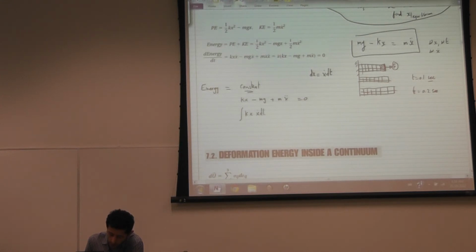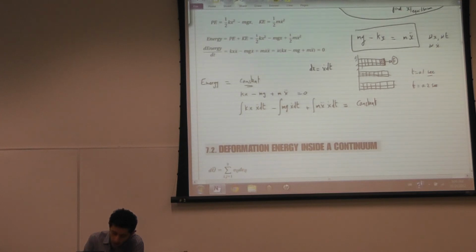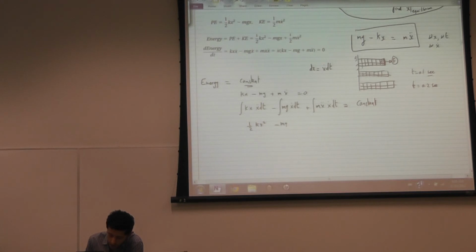So kx x dot dt minus mg x dot dt plus m x double dot x dot dt is always equal to a constant, and you'll get again half kx squared minus mgx plus m x dot squared over 2.